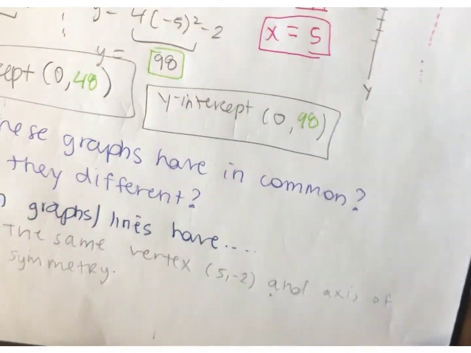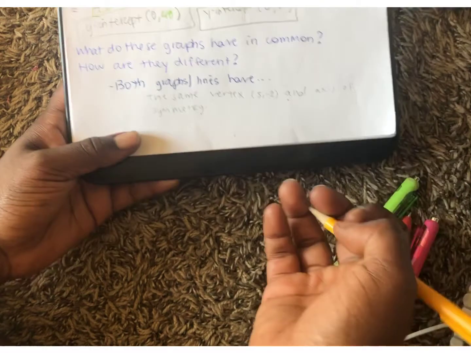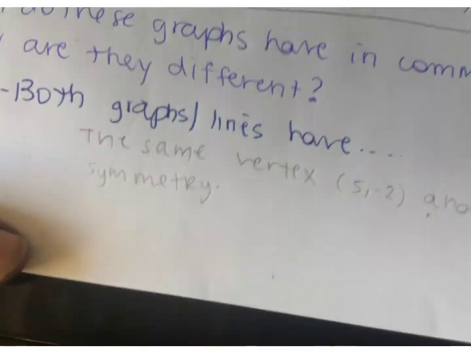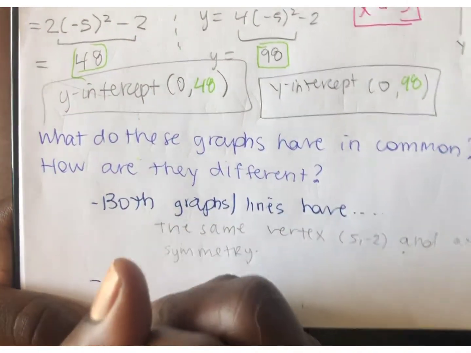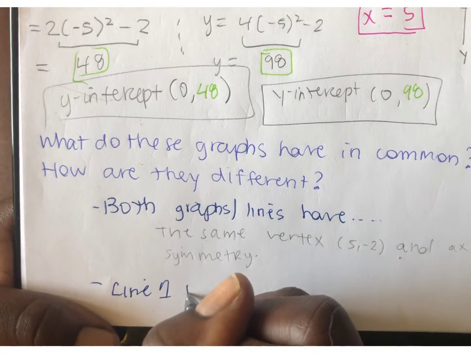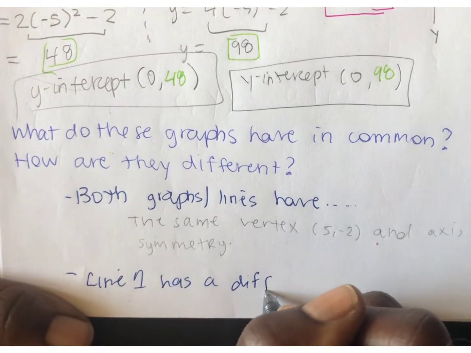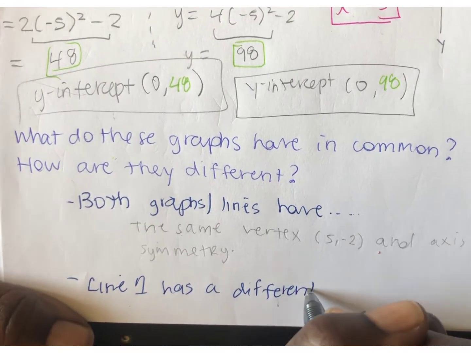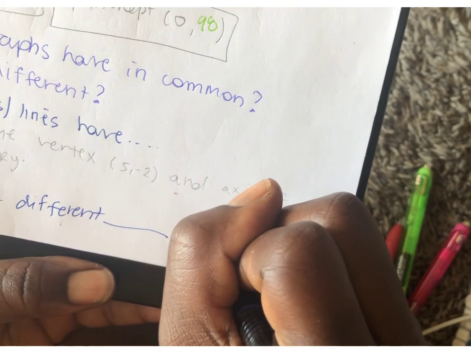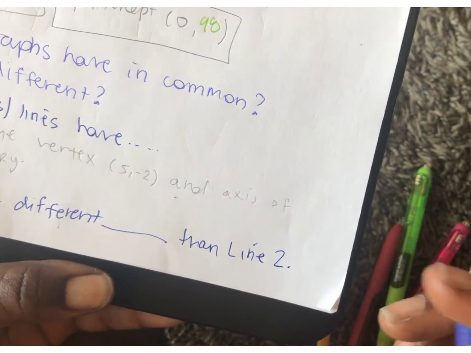All right, very awesome, cool. Some things that they have different are their y-intercepts, okay? Let's write that. I'm going to say line 1 has a different blank than line 2, okay?